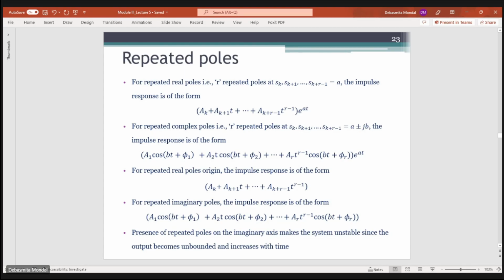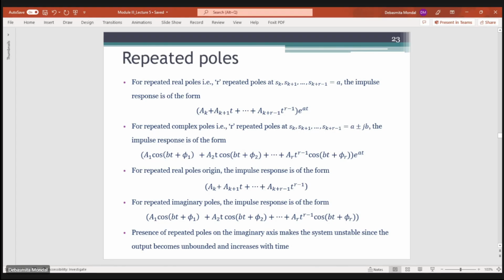The main thing that we need to remember here is that the presence of repeated poles on the imaginary axis actually makes the system unstable, and the output becomes unbounded and increases with time. So ideally we would not want any repeated poles on the imaginary axis.